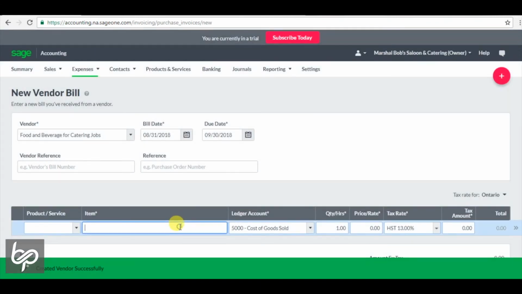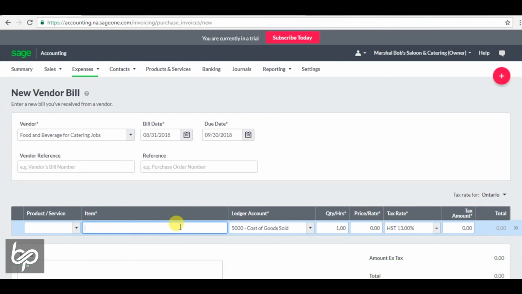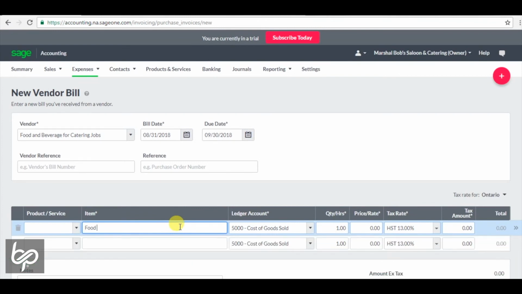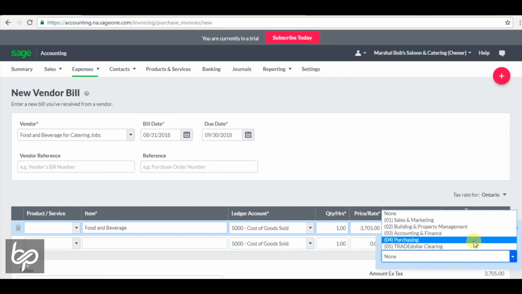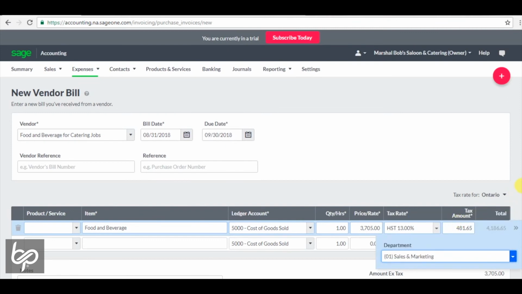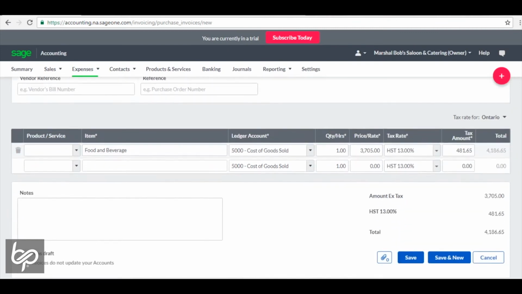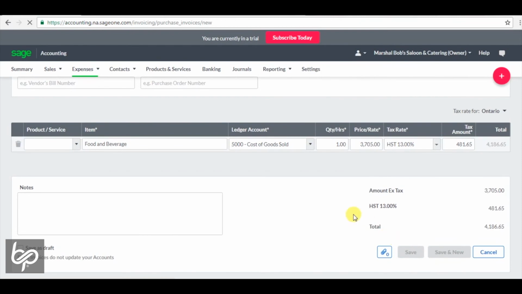Unfortunately, he doesn't actually take trade, so this is basically food and beverage for that one catering job, which is going to be $37.05, and that's going to be allocated towards the sales and marketing department. Save.